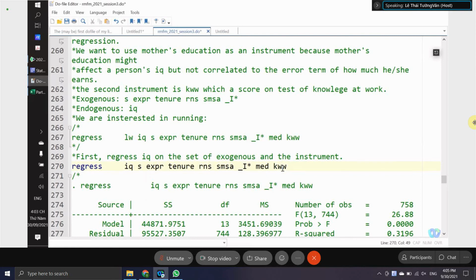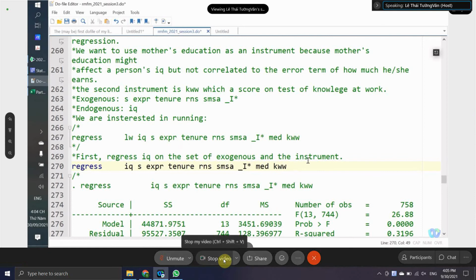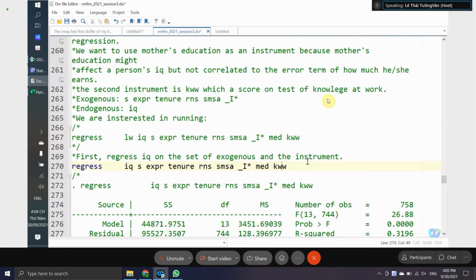So the idea here is that if your mother has very good education, you are more likely to be smart. Some gentlemen will be sad, but the truth is how smart the children are depends strongly on how smart the mother is. So we are not to be blamed.